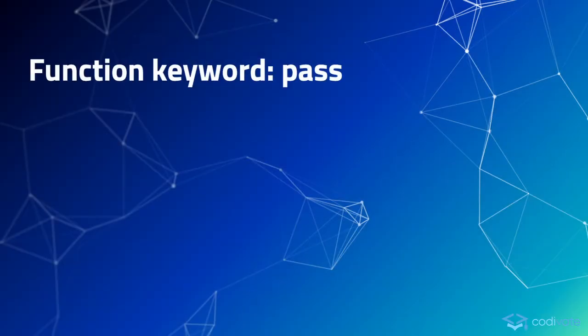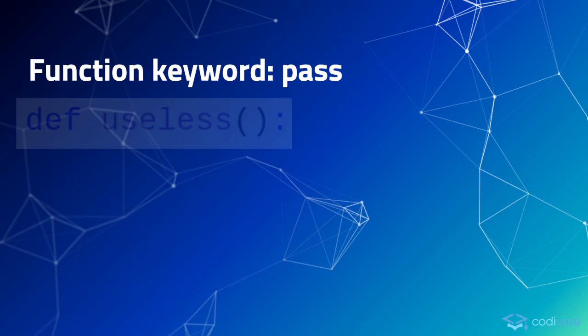So let's say we have a lot of code we wrote, and at the end we know that our next step is to write a function header. But before we actually write the entire code inside the function, we want to test our other code, just to make sure it works correctly.